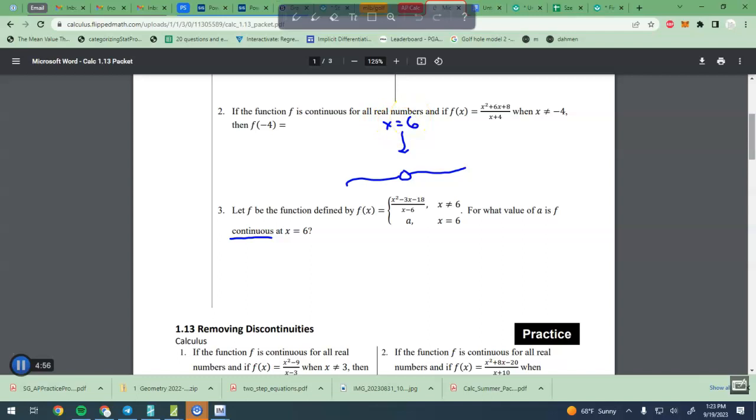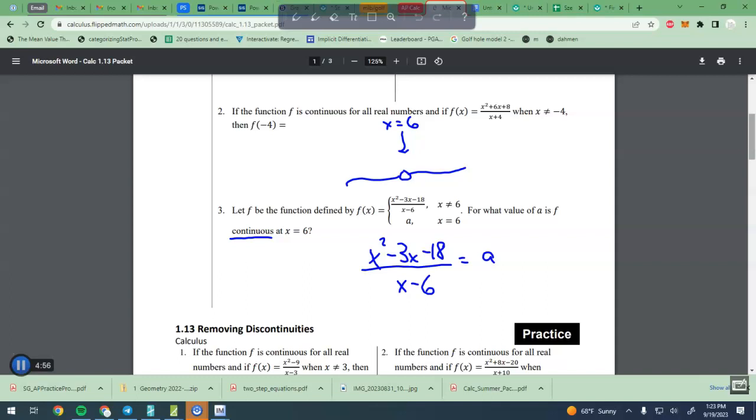If it's going to be continuous, what has to be true about the road and the bridge? They have to be the same, right? So I'm going to go x squared minus 3x minus 18 over x minus 6 equals a. And this is a y value, because it's like when x equals 6, what is the y value?